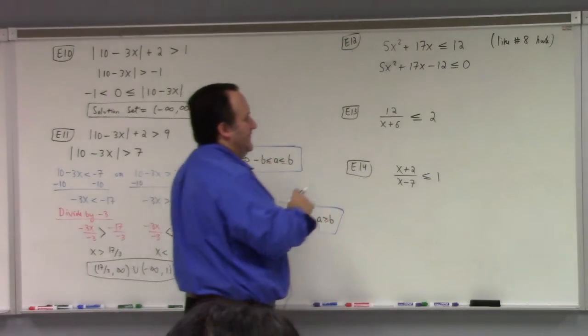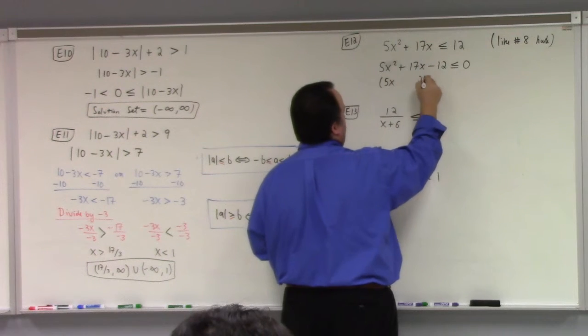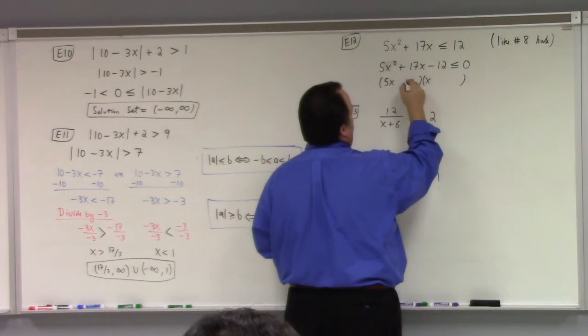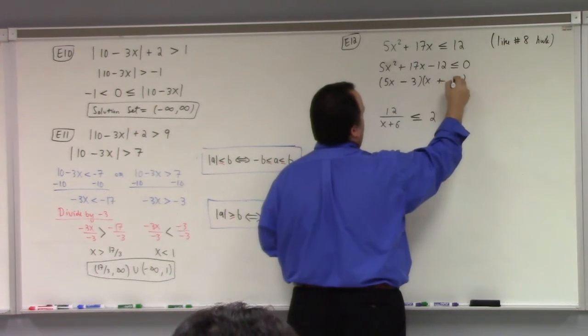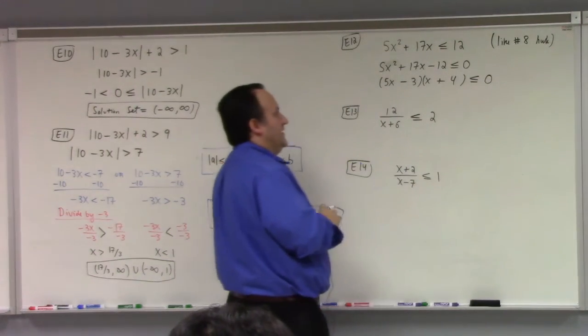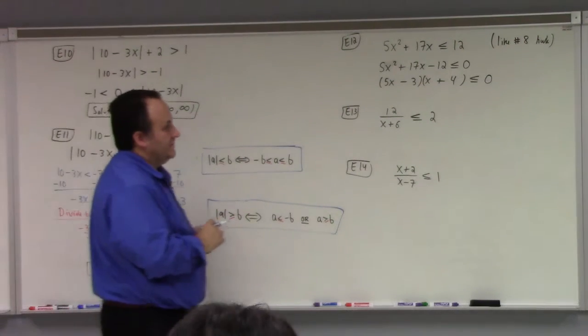I think this one factors. Now your problem's probably going to have different numbers, right? But I think this might be one of those factoring ones. Like, yeah, minus 3 plus 4. There you go. So I think your problem will likely also factor. What are the critical numbers?